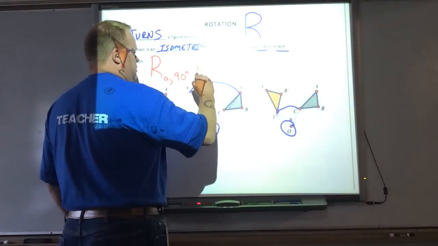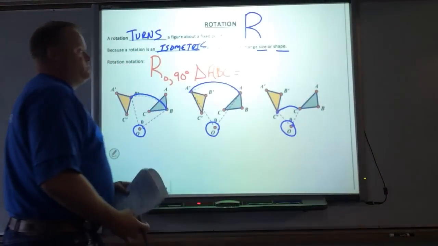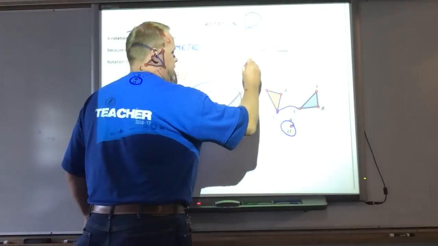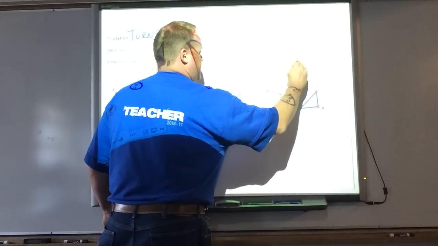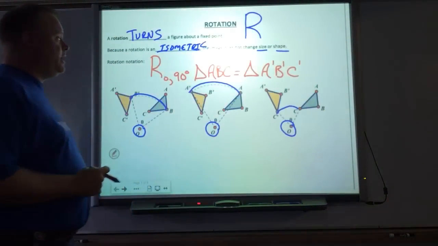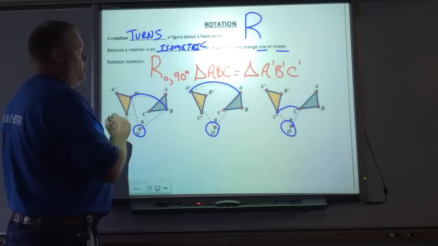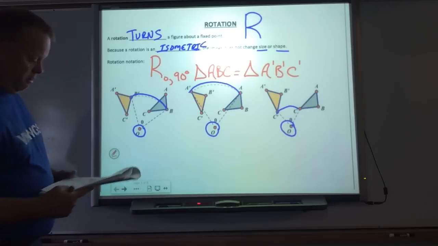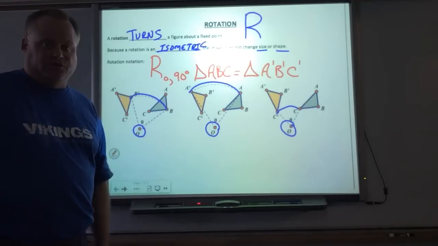When I rotate it around that 90-degree angle, I'm going to get triangle A prime, B prime, and C prime. So the big difference is that reflections have a small r, and rotations have the capital R. All right, moving to the next page. If you need to pause and take a look at it and get everything down, please do so.